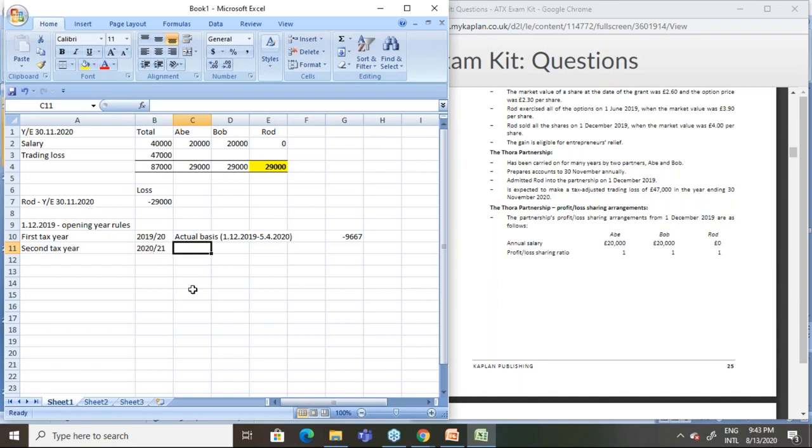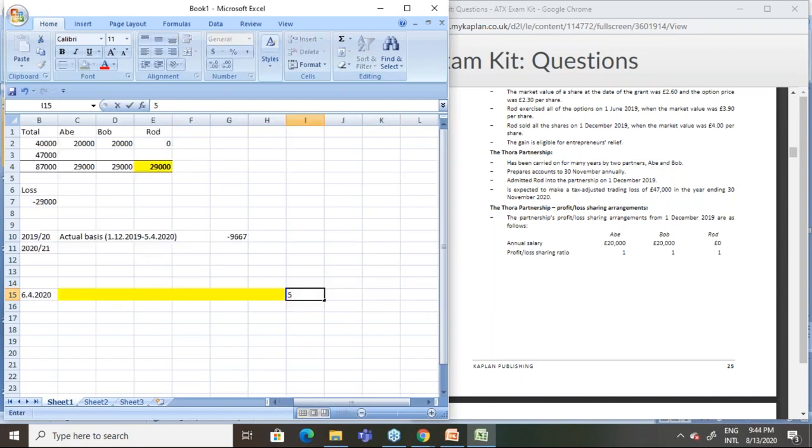Second tax year, starting on the 6th of April 2020, ending 5th April 2021, right?